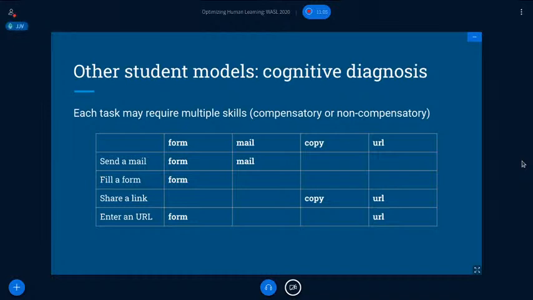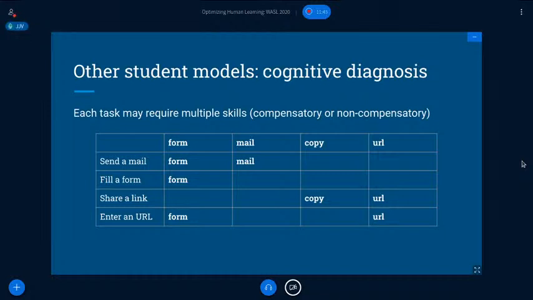So if I can have this kind of matrix, expert-defined or directly learned from data, drawing the link between items and skills, then I can do something clever with the way I personalize my system. To give you an example, if I first ask the task of sending a mail, and if my user gets it correct, then presumably they master forms and mails.